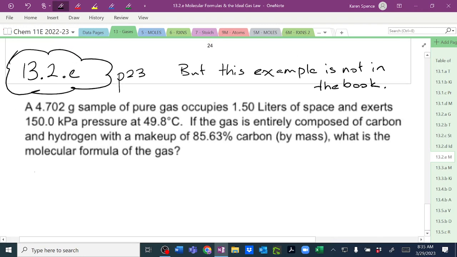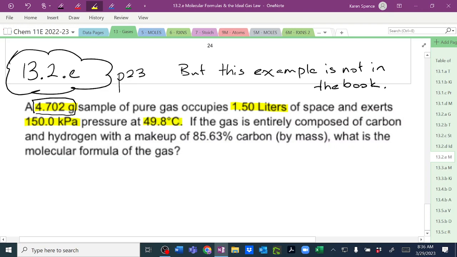So if we read this question, we have a mass, 4.702 grams, and we have a pure gas, and we have a volume, 1.50 liters, and we have a pressure, 150.0 kilopascals, and we also have a temperature in degrees Celsius.